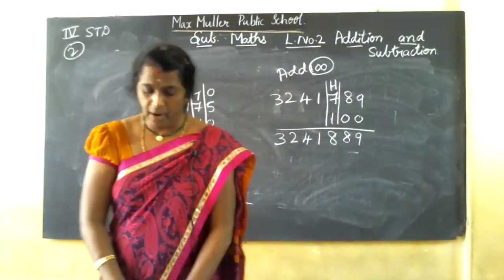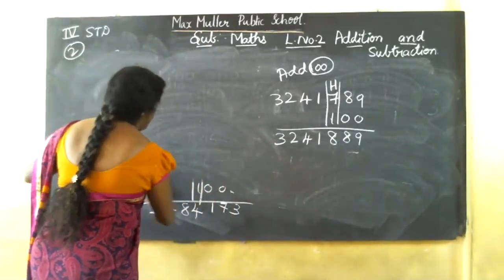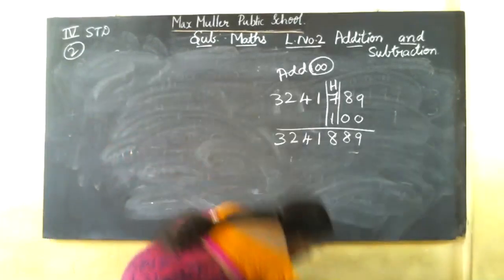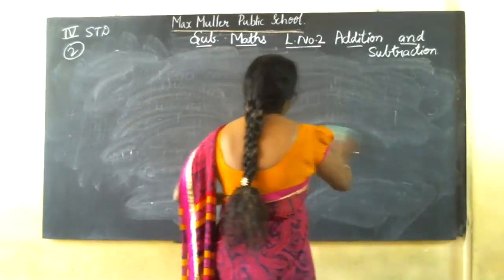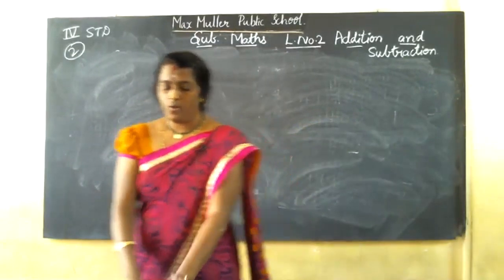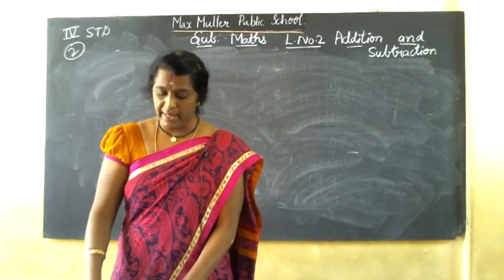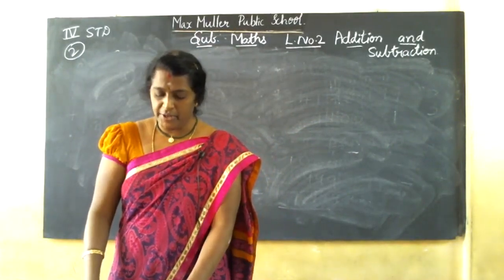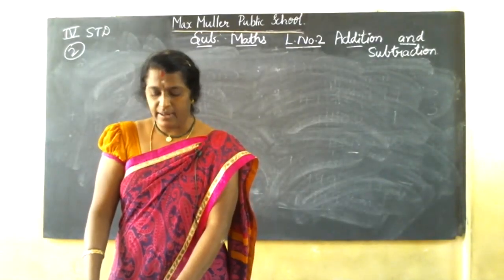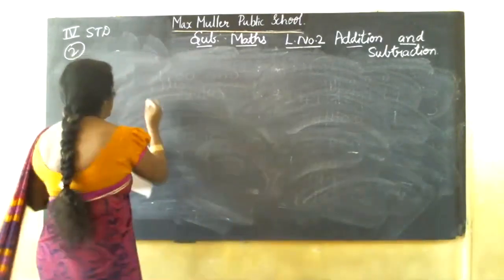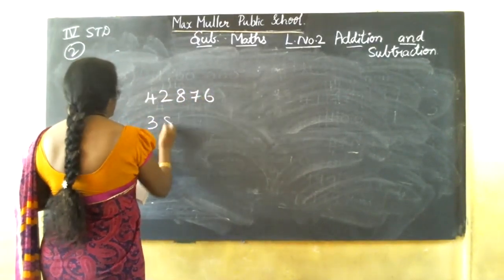Next, order of addends. There is no change in the sum when the addends are added in a different order. For example, 42,876 plus 38,907.